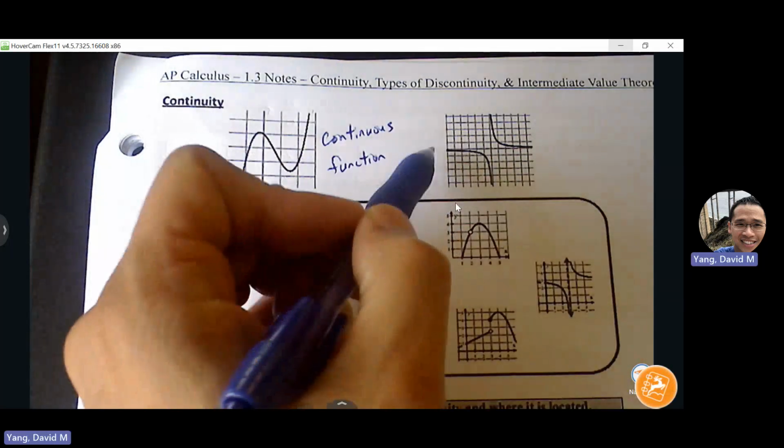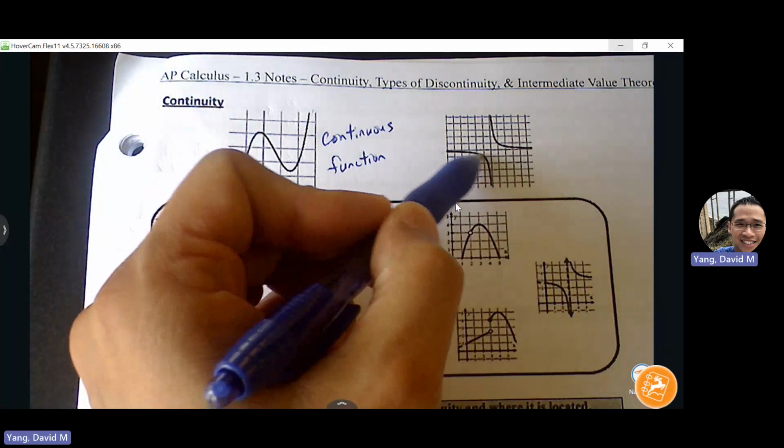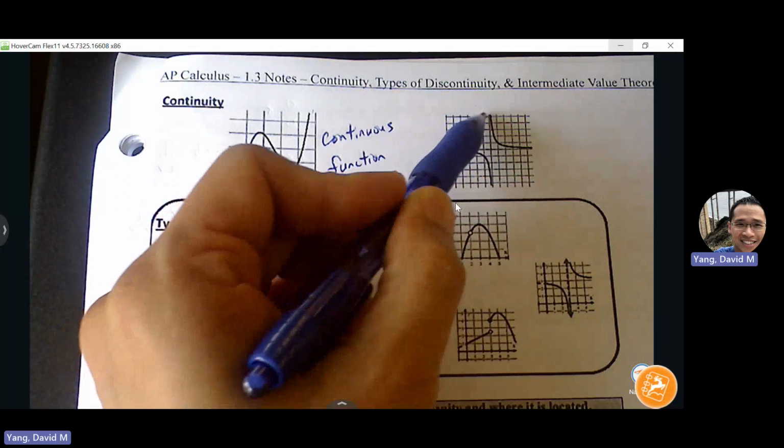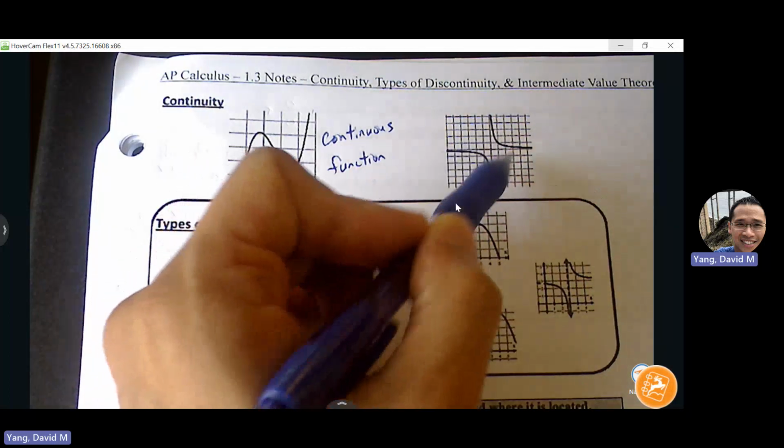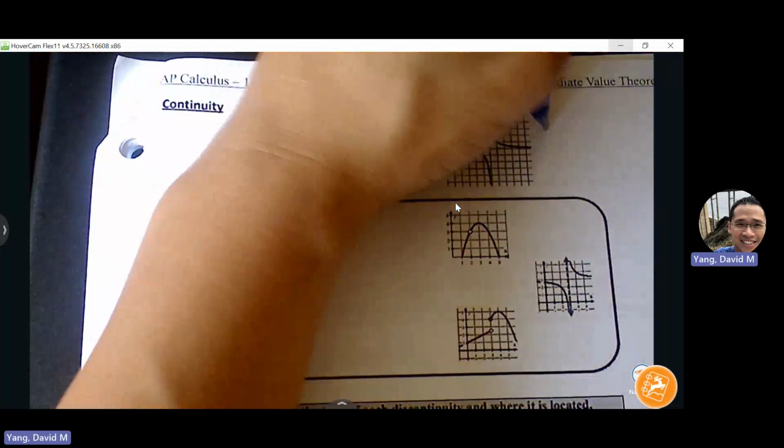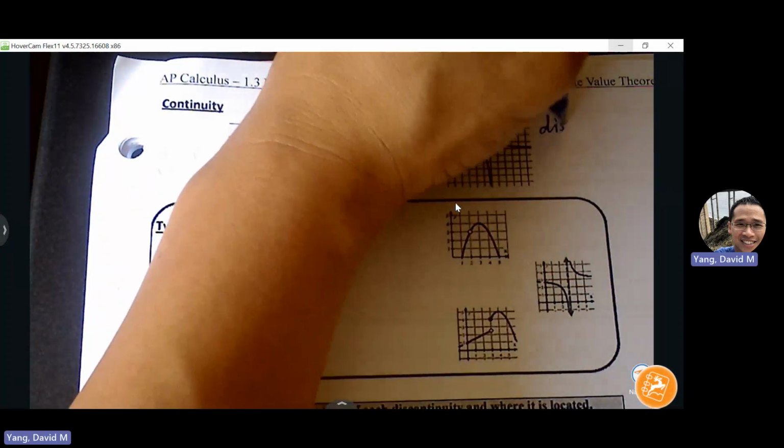This, however, there's no way for me to sketch this graph without having to lift up my pencil if I want to complete it. So anytime I have to lift up my pen or pencil to continue with my graph, we know that's going to be a discontinuous function.